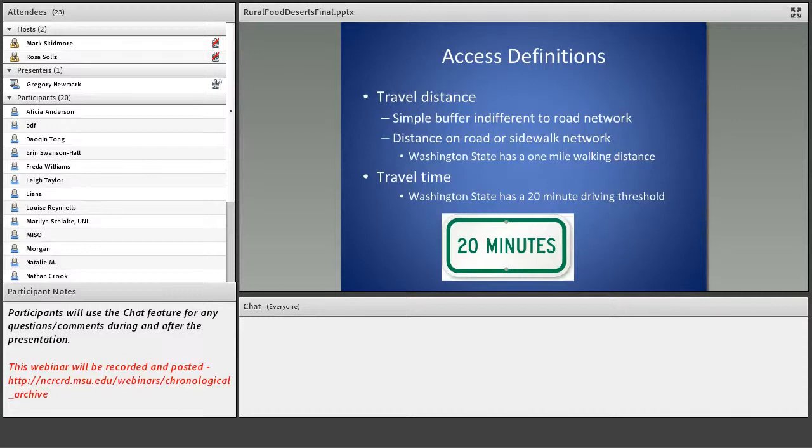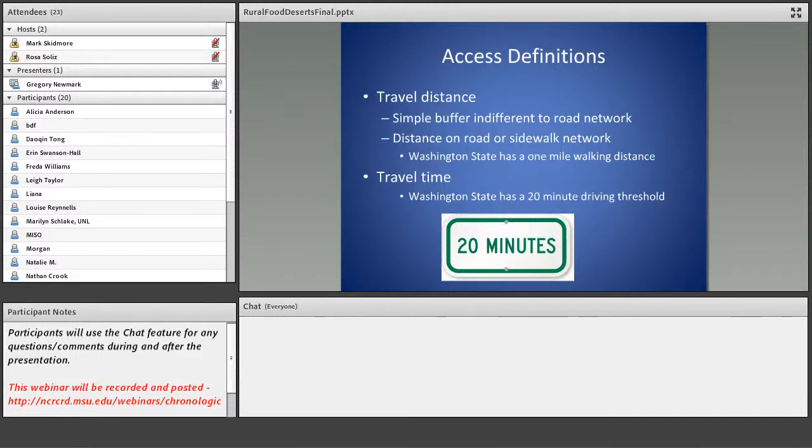Now that we have much stronger GIS capabilities, we're looking at network distances. What is the actual distance that a person has to traverse to get there? I particularly like Washington State's definition, so I'm showing it here. Washington State has a 1 mile walking distance, not a straight line distance. And they also focus, as an alternative, on travel time.